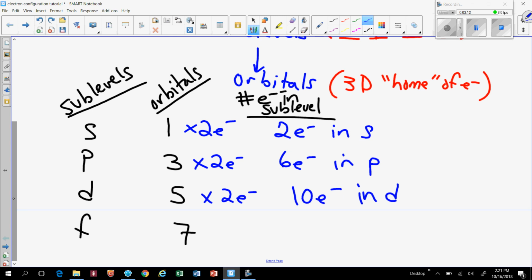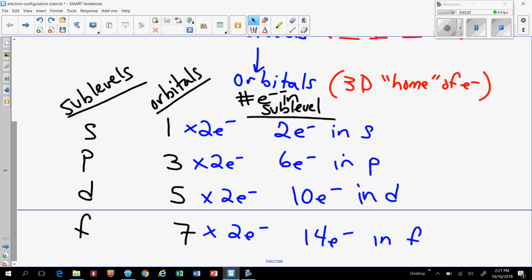And in F, with 7 orbitals, 2 electrons in each one, we can have a maximum of 14 electrons in the F sublevel.